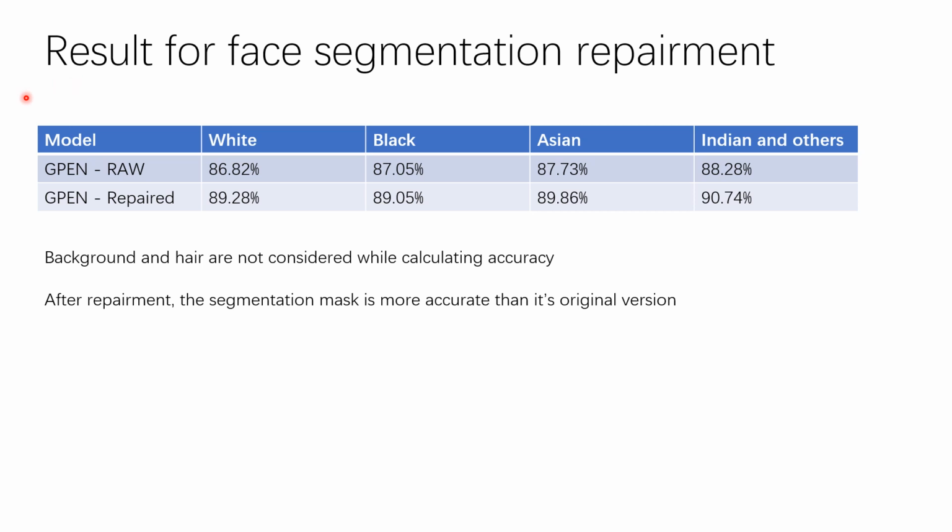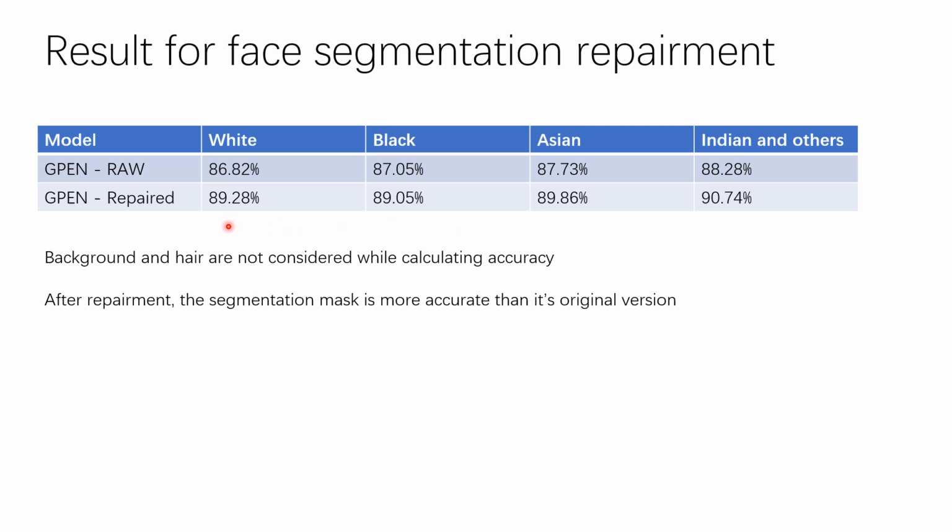Next are some results for the face segmentation repairment. The supervision model I use here is GPEN. It is one of the state-of-the-art models, especially when the scaling factor is large. And here are some accuracies calculated for each mask in each group.